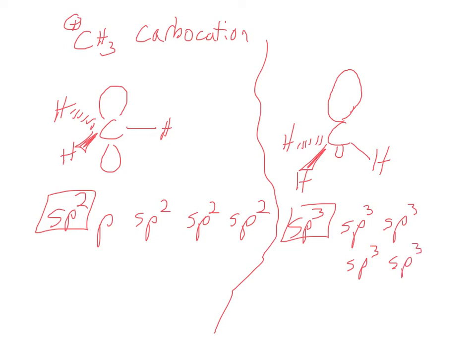Those are the hybrid orbitals for that hybridization state. So in this case, what type of orbital is empty? sp3 is empty, because this sp3 is binding to hydrogen, this one's binding to hydrogen, this one's binding to hydrogen, this one's left over, so it has to be empty.